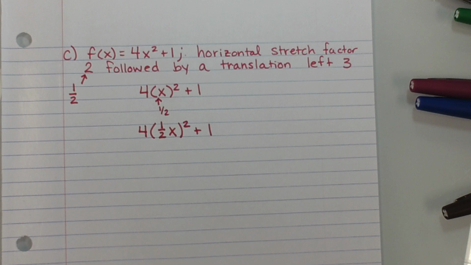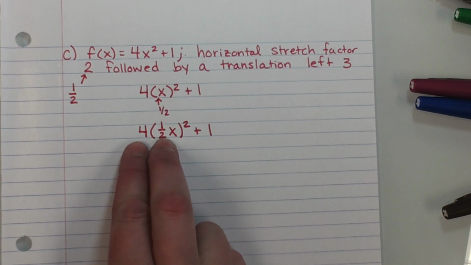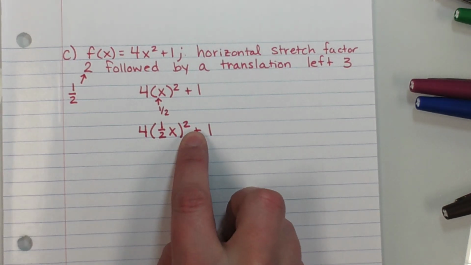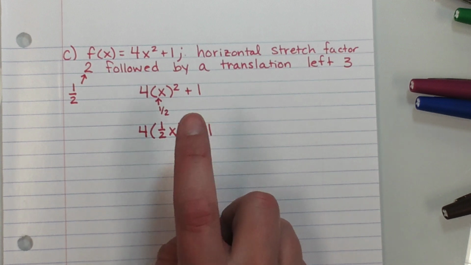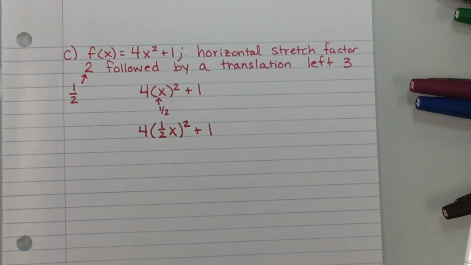Can I simplify this at all? And by simplify, I mean, is there something to distribute or combine like terms in this case? No. Those cannot be touched until you deal with the square, and we're leaving the vertex form, which means we're leaving the square on the parentheses. We're not doing anything else with it at this point. Is there things we could do?